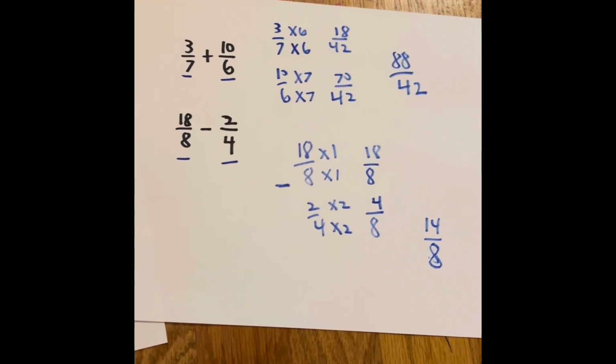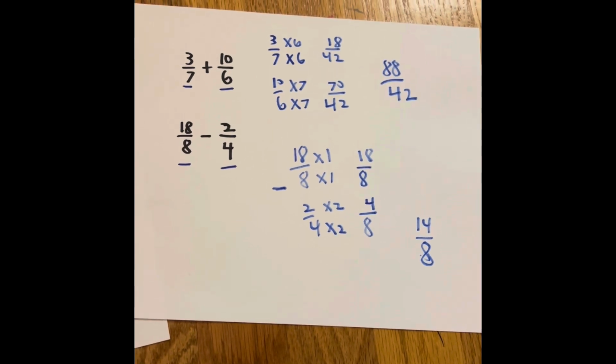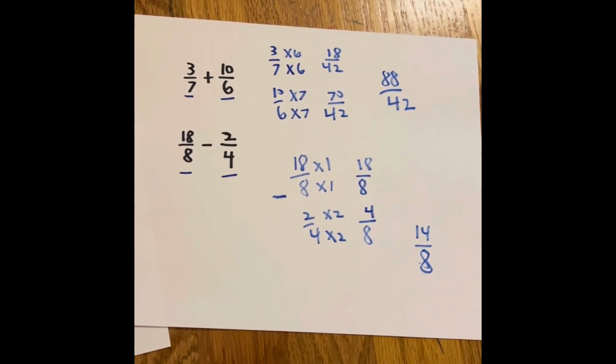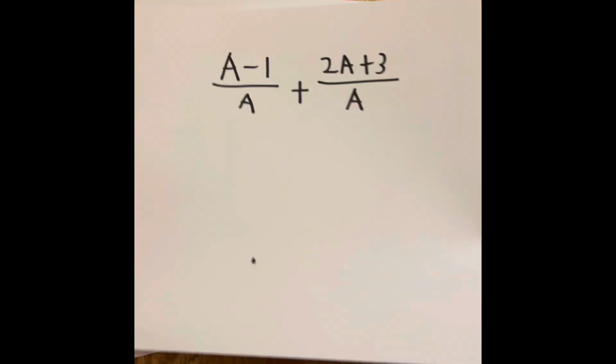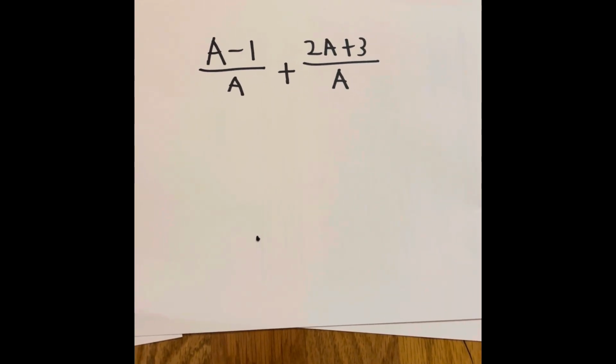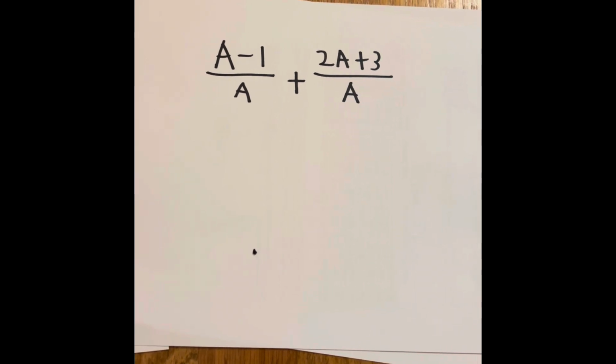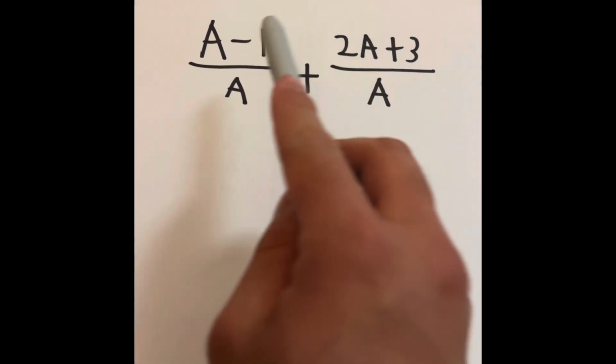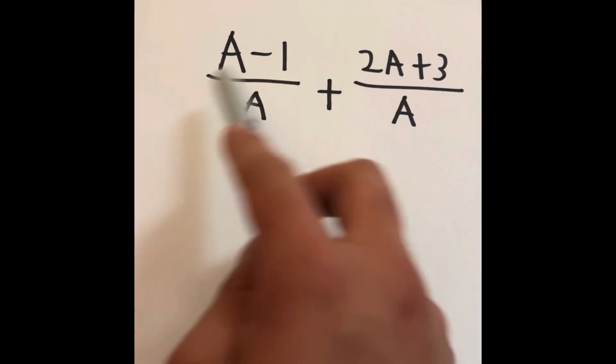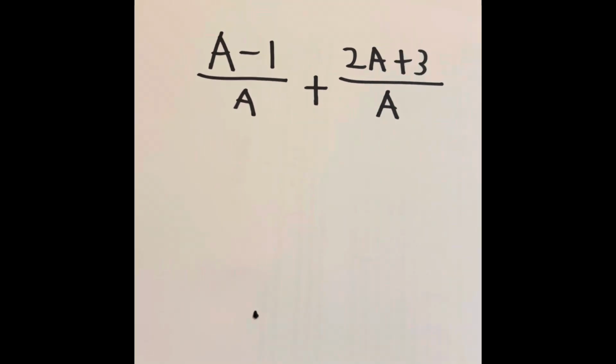And the reason why we did this is because we can actually apply the same kind of strategy to solving these kind of problems in the high school level, a high school algebra class. So right over here, we have a minus 1 divided by a and 2a plus 3 divided by a.